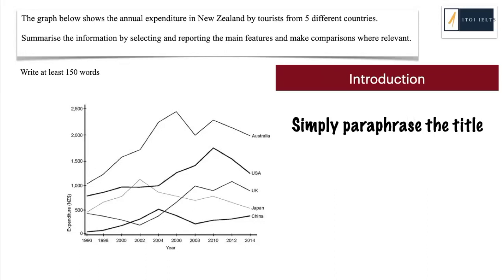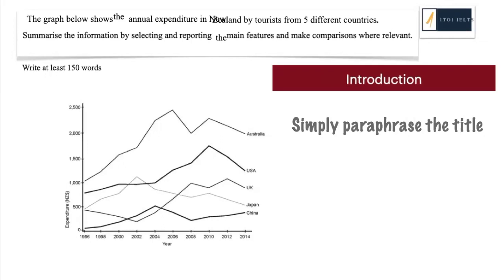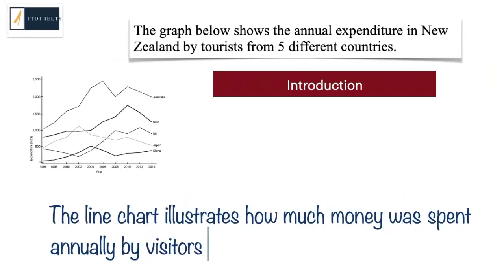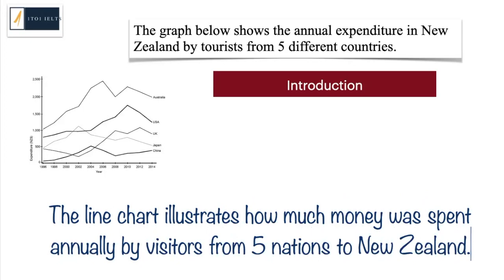So if we look at the title at the top here, it says the graph below shows the annual expenditure in New Zealand by tourists from 5 different countries. So the way I went about paraphrasing this sentence was I wrote the line chart. So a graph and a chart are the same thing.